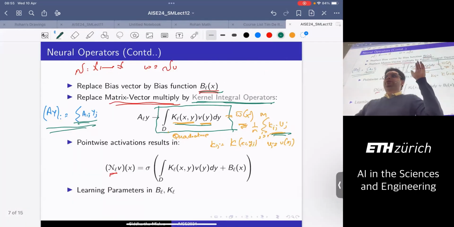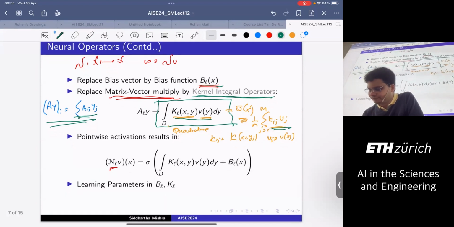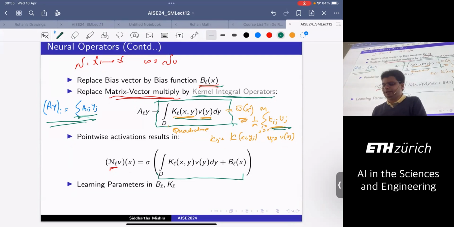Now, the simplest thing you can do here is just pointwise activation. What do I mean by that? If you have a function, let's directly work with it because we are running out of time. So this is the affine part of the neural operator. Now if you evaluate it at any point x, you can evaluate b at that point and you can evaluate this integral at that point. All that you do is act on this pointwise.